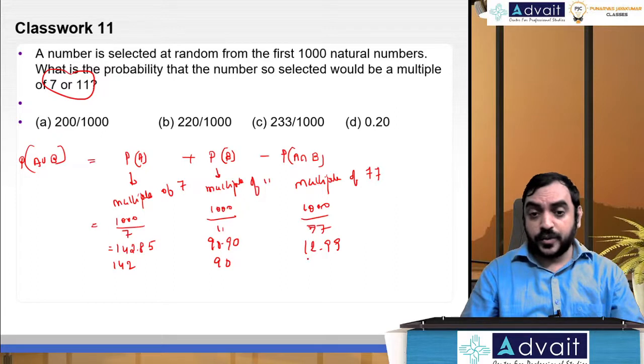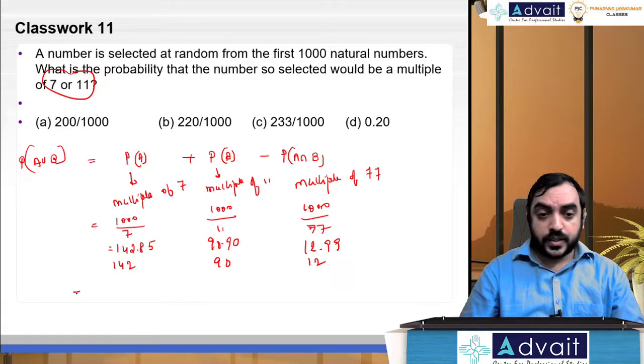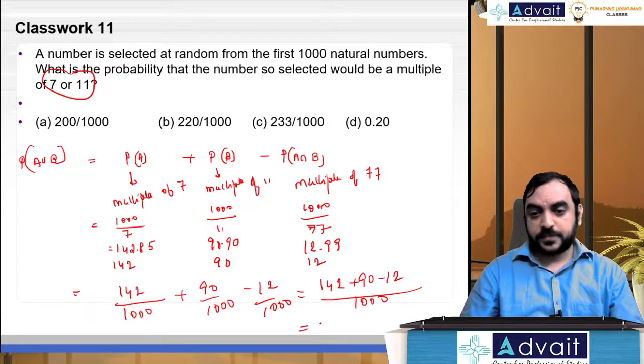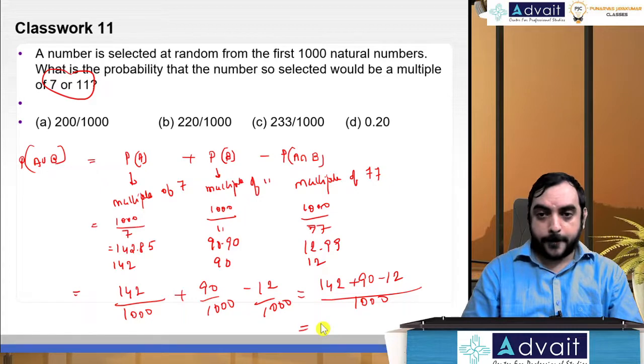We need a lesser number, so it's going to be 12. So probability 142 out of 1000, plus 90 out of 1000, minus 12 out of 1000. 1000 is common everywhere. That is 142 plus 90 minus 12. 220 by 1000.